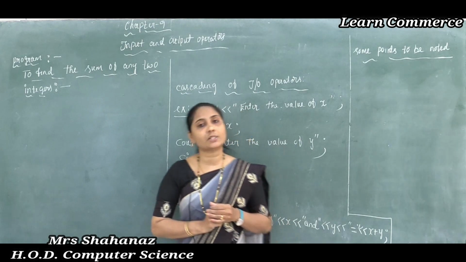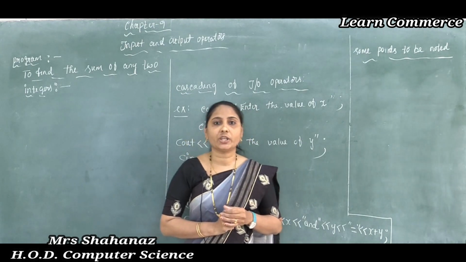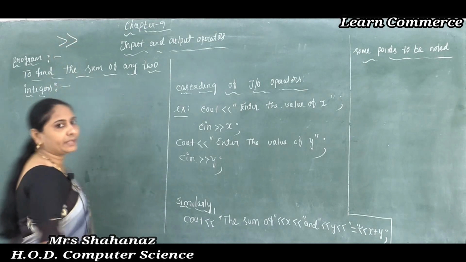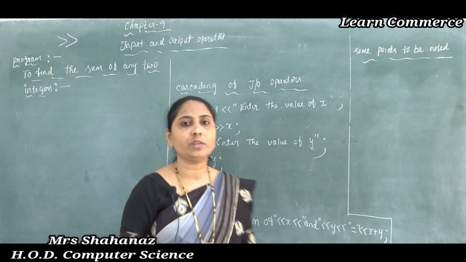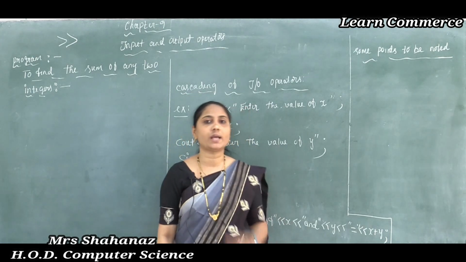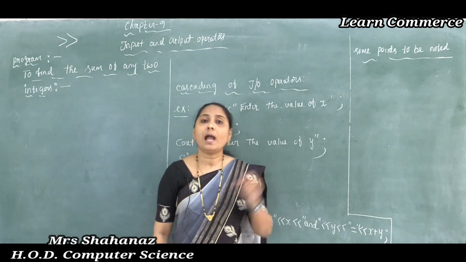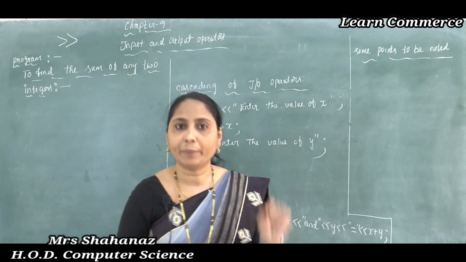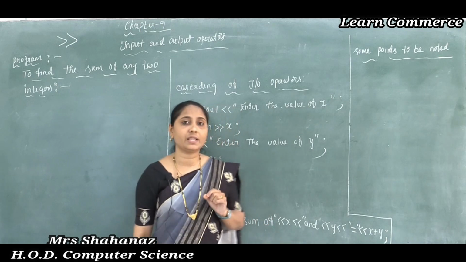The operator is called the stream extraction operator, and it is written as two greater than signs. We also completed one more operator, called the output operator, which uses the library function cout, spelled C-O-U-T.